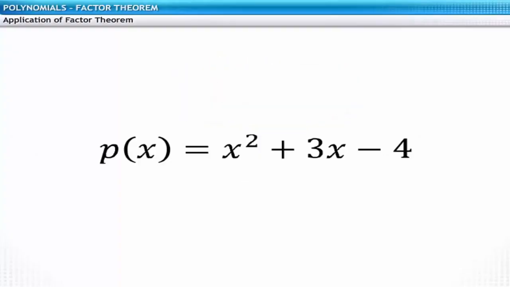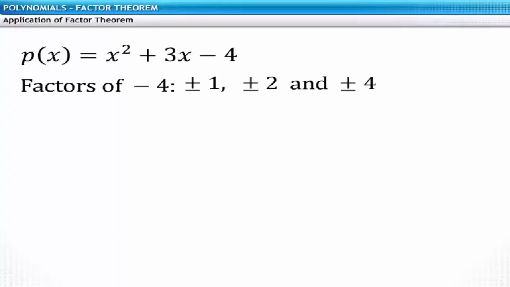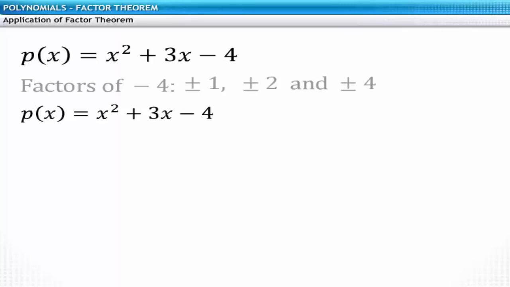We'll find the factors of the constant term minus 4. Next, we'll substitute the factors in the polynomial. Let's begin by substituting 1 in the polynomial.